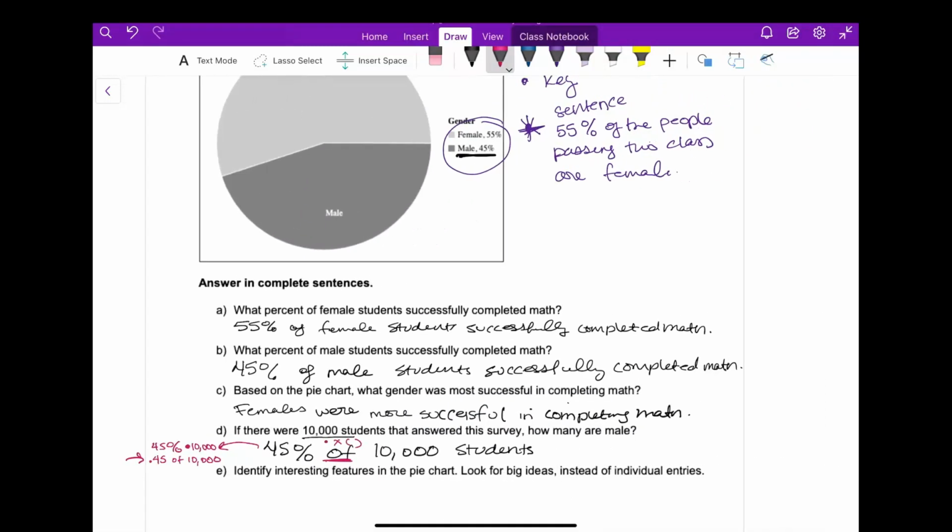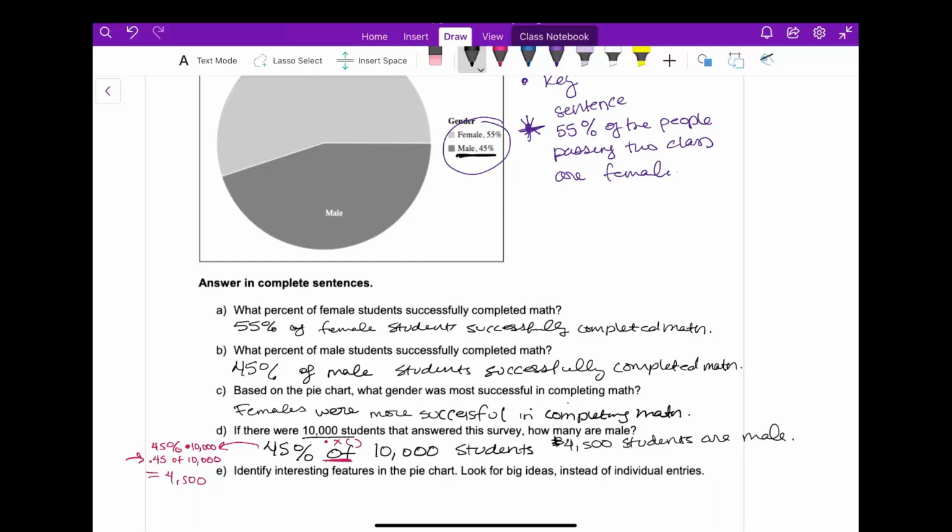So I'm going to answer my sentence over here. 4,500. Actually, let me write it down. 4,500 students are male, according to the survey. Well, that answered the survey, actually.